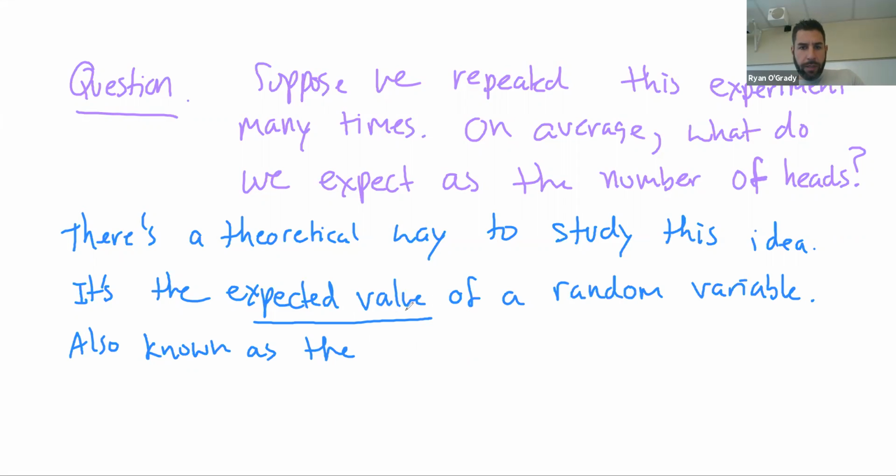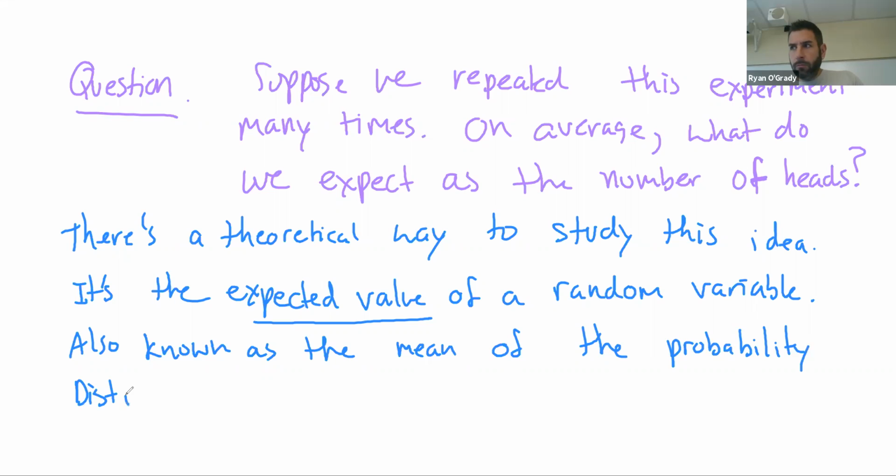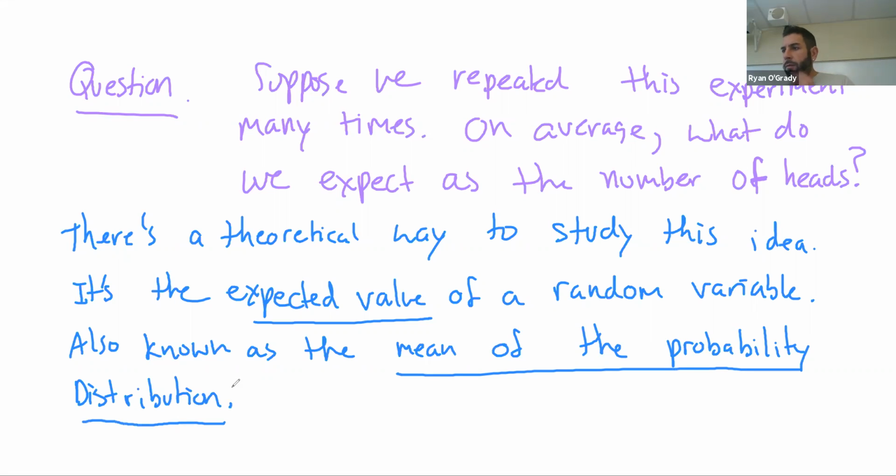You could call it the expected value of a random variable, or also known as the mean of the probability distribution. And luckily, it's very similar to things we have done already.